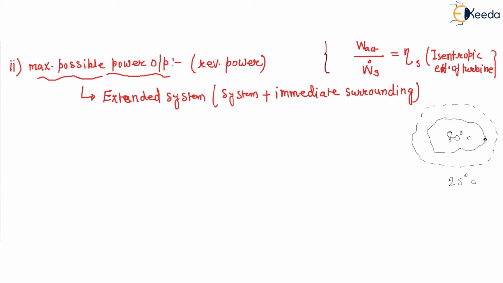This is your high temperature and this is your 25, so this is your immediate surrounding. After that there is no temperature drop. So the immediate surrounding's boundary temperature is the surrounding temperature, right? You may assume like that.